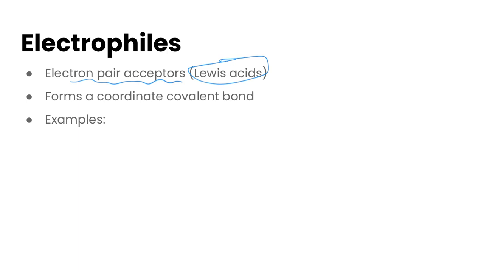Some examples of electrophiles are a carbon-carbon double bond or even a carbon-carbon triple bond. HBr is another example, which has a positive end of a dipole. NO2 plus is another example. There are lots of these.